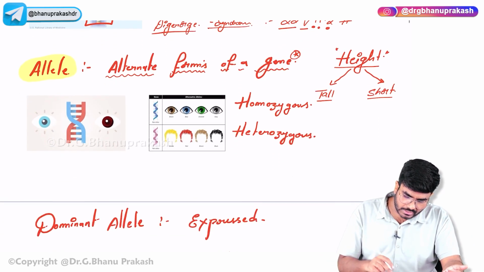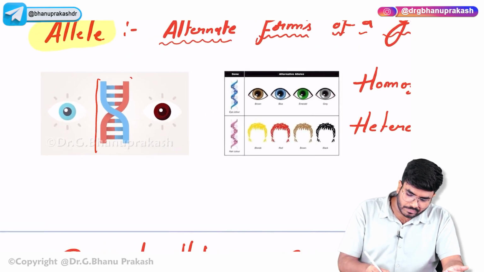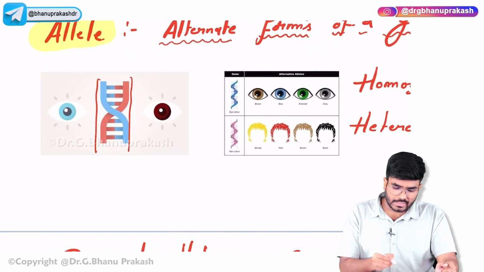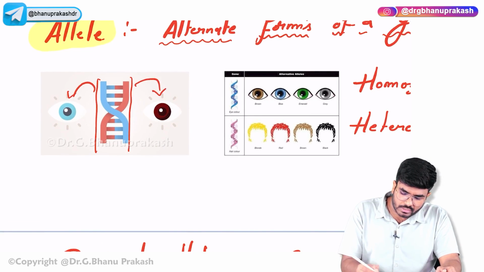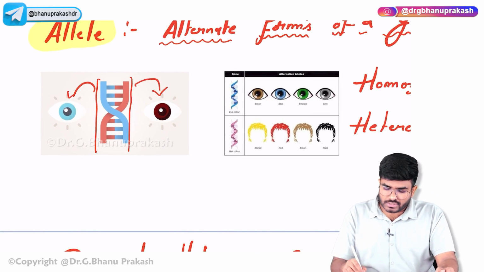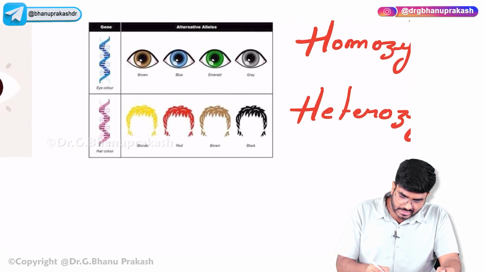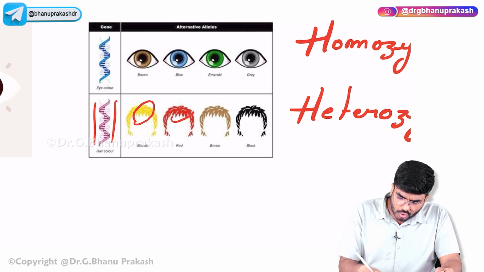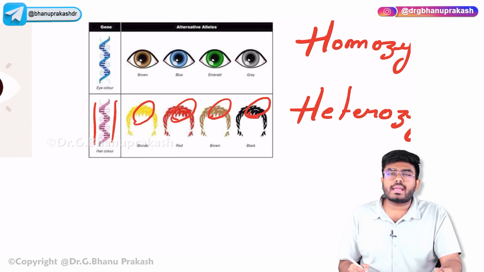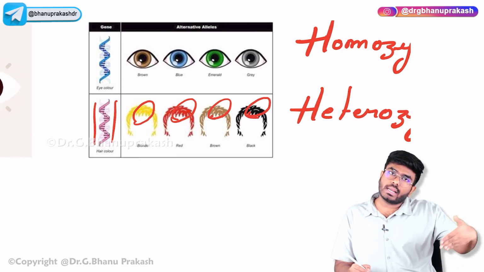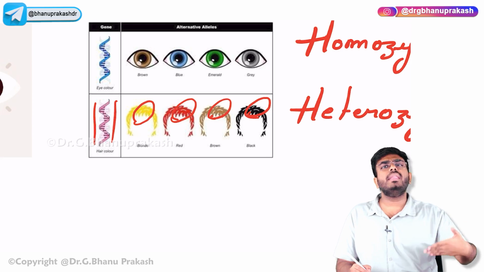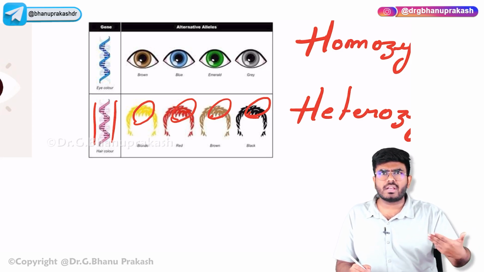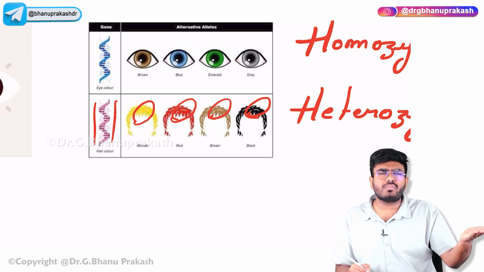Imagine there is a gene coding for eye color; it can code for blue color or brown color. There is also a gene for hair color: yellow, red, brown, black. All these are alleles, the alternate forms of a gene. It can be many; some books say there are only two alternate forms, but many can be there.